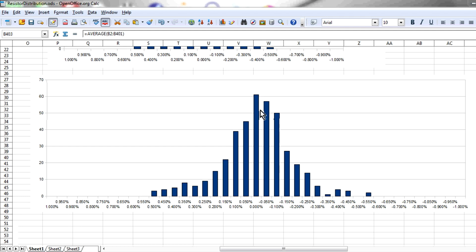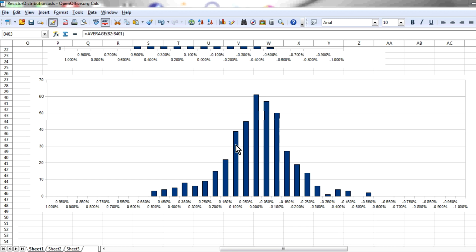In this case, it's a resistor, but it could be an IC or an LED with its brightness or whatever, where it's going to fall within the probability of you getting a device which falls within this range. And as you can see, the highest probability is going to be smack on 0, and the next highest, and you've got a fairly good chance that you're going to fall within that plus minus 0.1% range, at least for these Philips resistors.